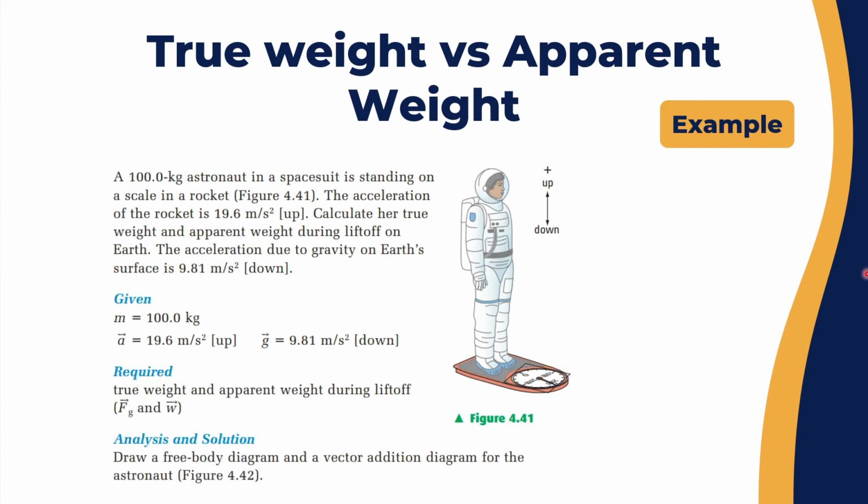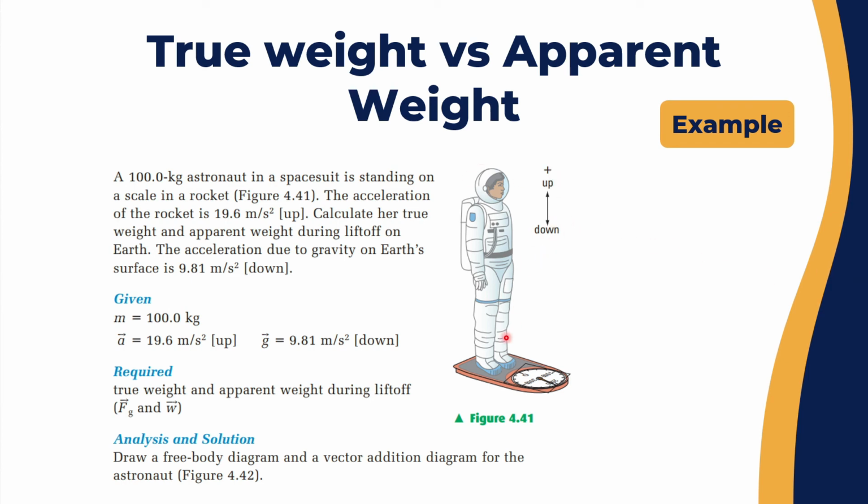There is a 100-kilogram astronaut in a spacesuit standing on a scale in a rocket. The acceleration of the rocket is 19.6 meters per second squared up. Find the true weight and apparent weight during liftoff on Earth. The acceleration due to gravity on Earth's surface is 9.81 meters per second squared down. So up is positive in convention, down is negative.